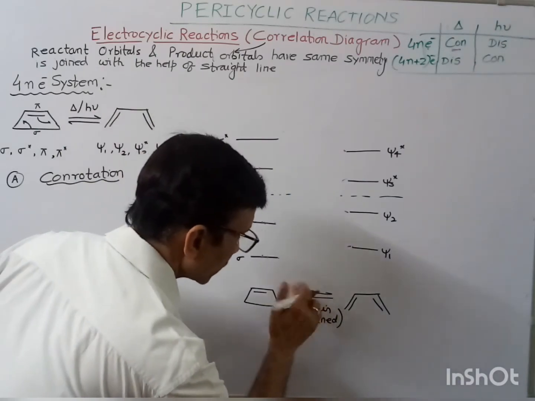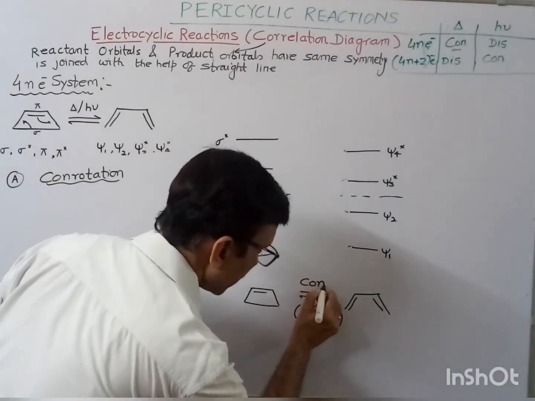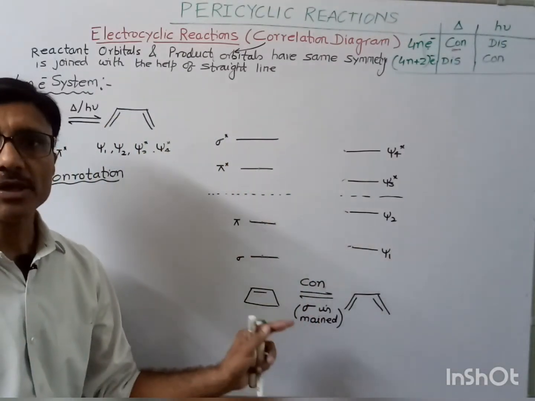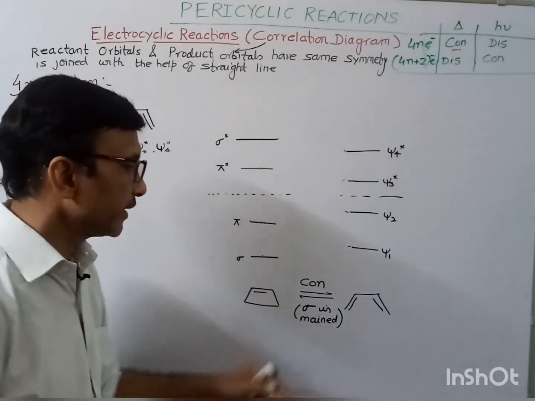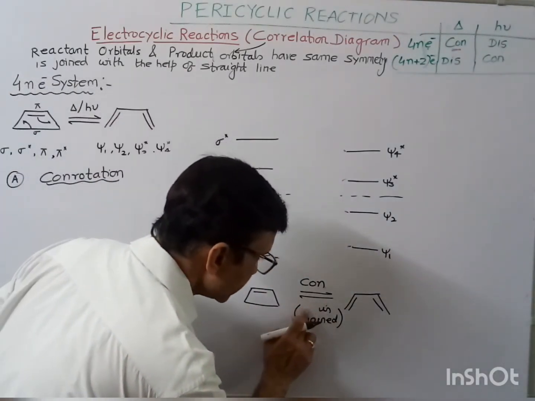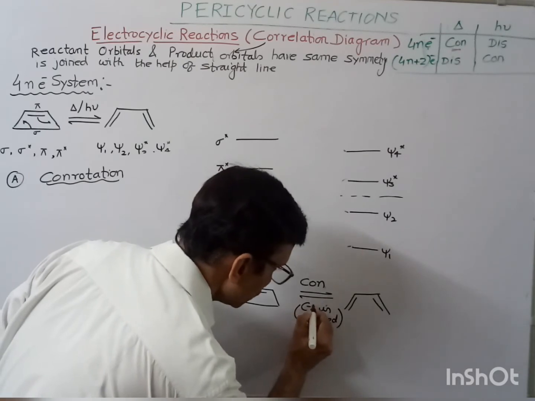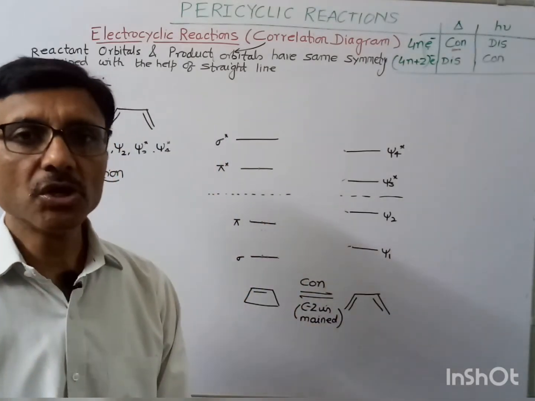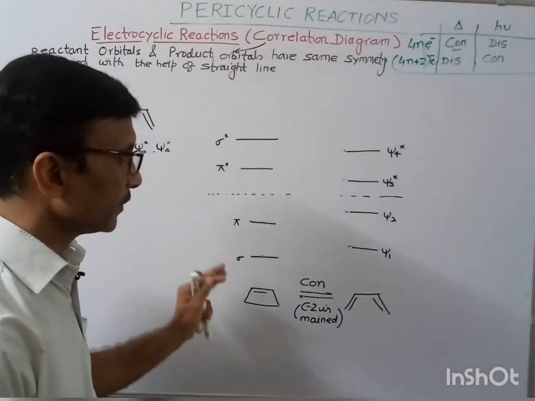For conrotation I have already explained, in conrotation only C2 is maintained. C2 symmetry is maintained during the conrotation of molecular orbital.